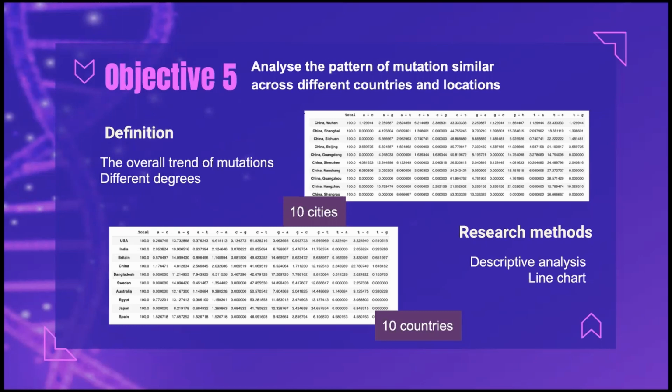Considering the high variation of sample size in different regions, we'll calculate the proportion of the 12 mutation types instead of the actual number to acquire the different degrees of substitutions. We rank the countries and cities according to the number of mutations and select the top 10 with the highest number of mutations as the representative objects.